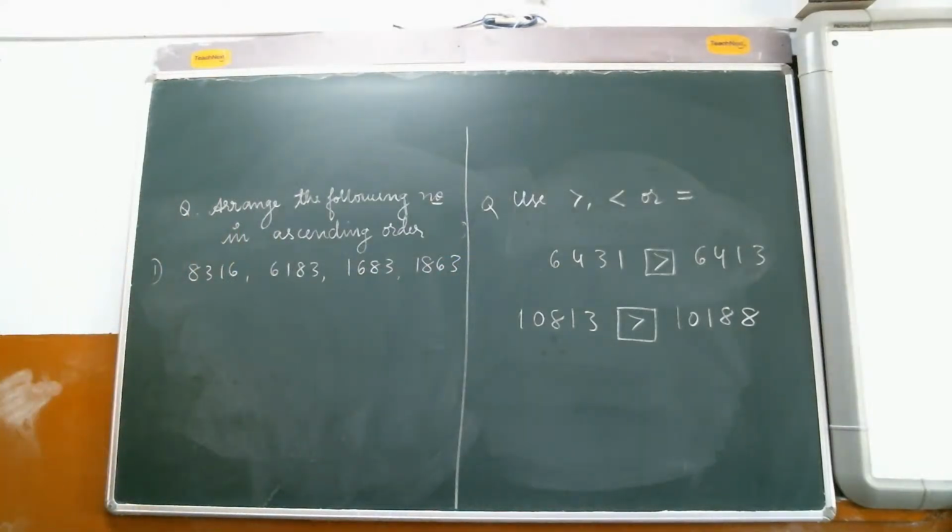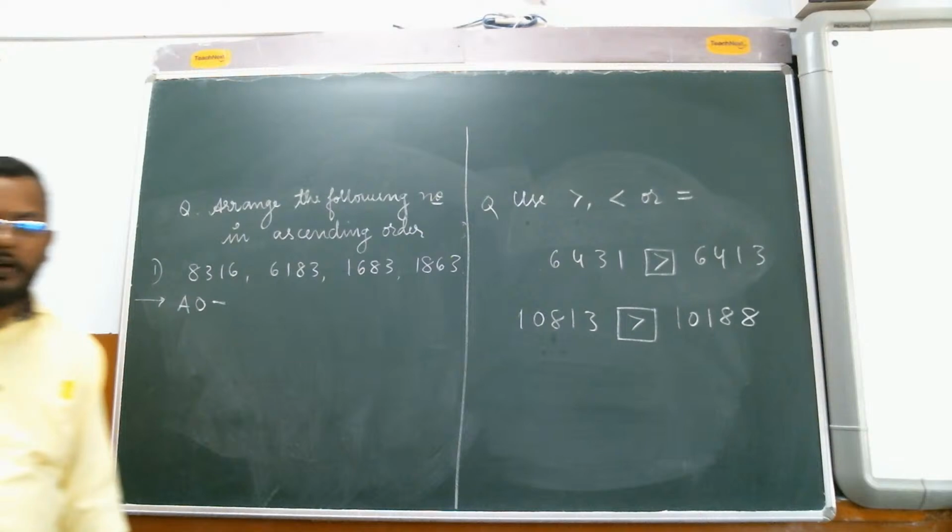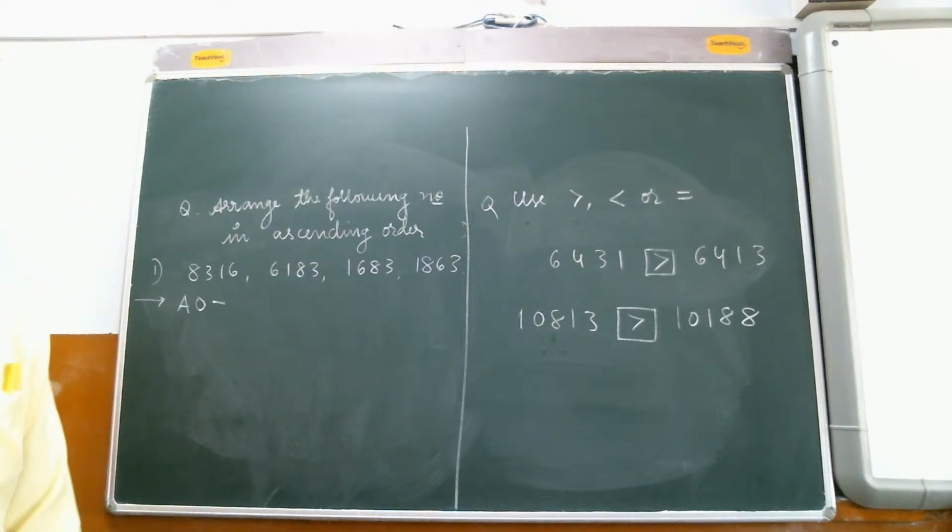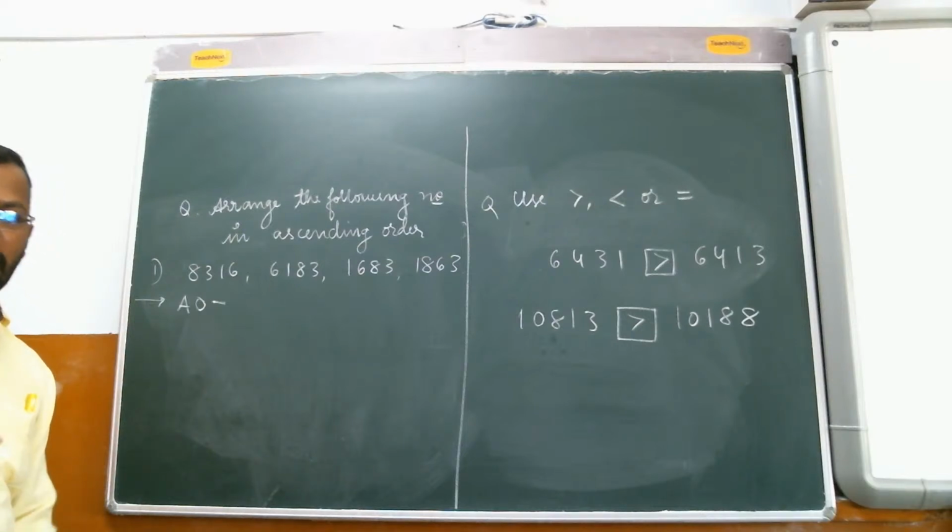So these are the numbers. All of you arrange these numbers in ascending order. So if you want to arrange the numbers in ascending order, how do we have to arrange? Do we have to arrange from smaller to bigger or bigger to smaller?